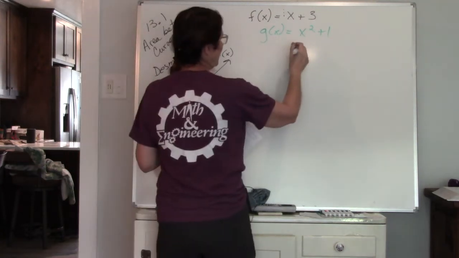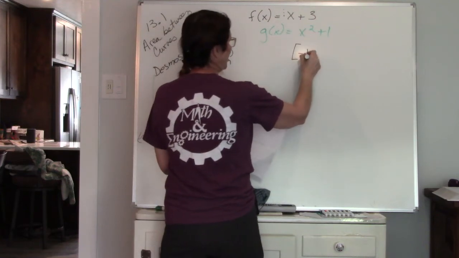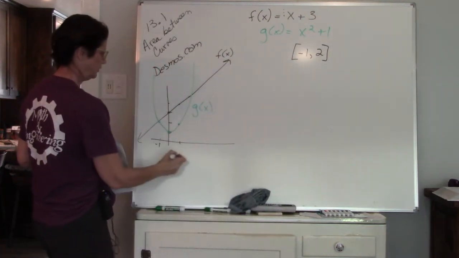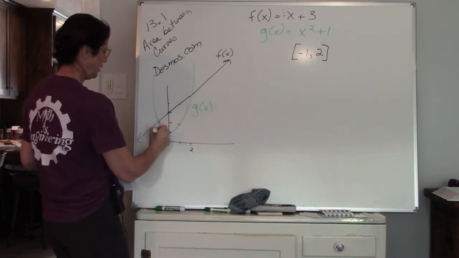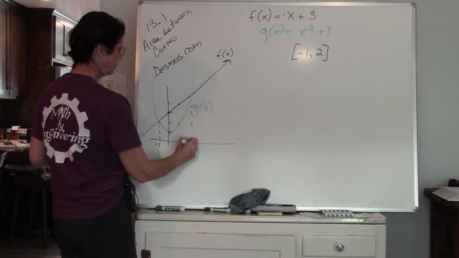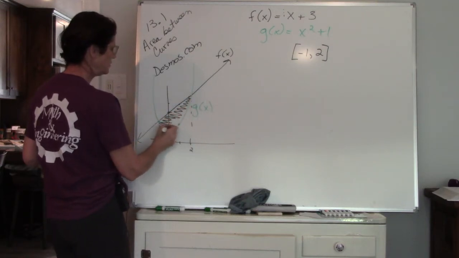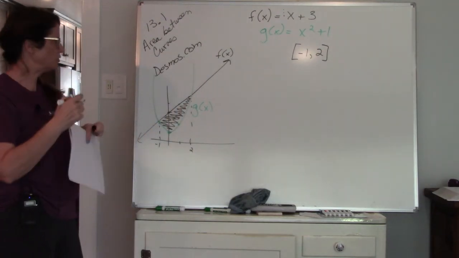I want to find the area between the two curves between negative 1 and 2. Here's negative 1. Here's 2, okay? So I am looking for the area between the two curves between negative 1 and 2. This is the area that I'm looking for, that shaded region between those two curves.